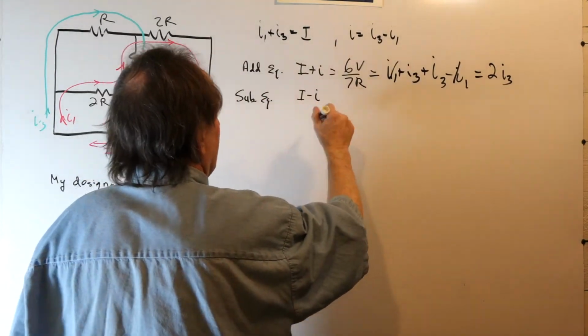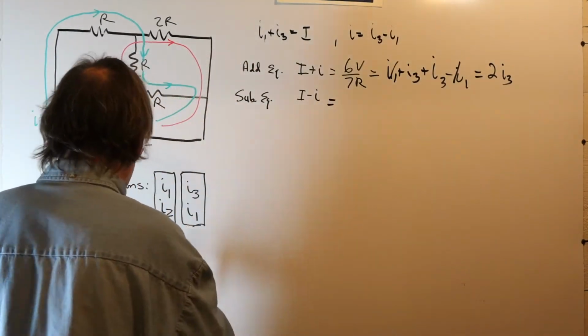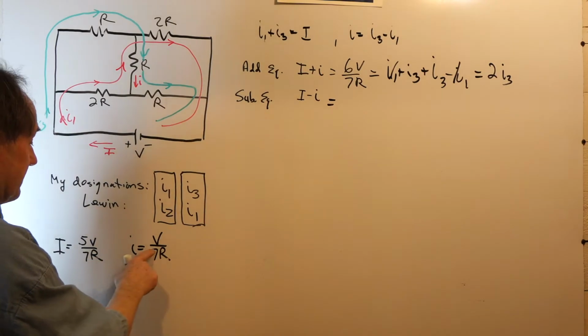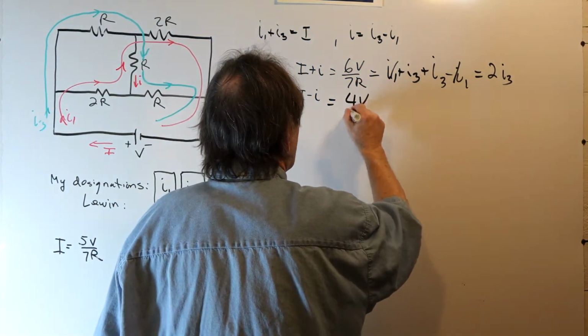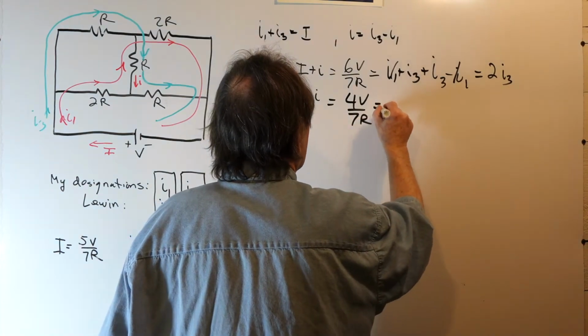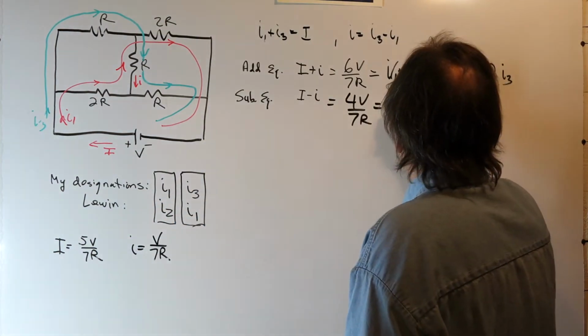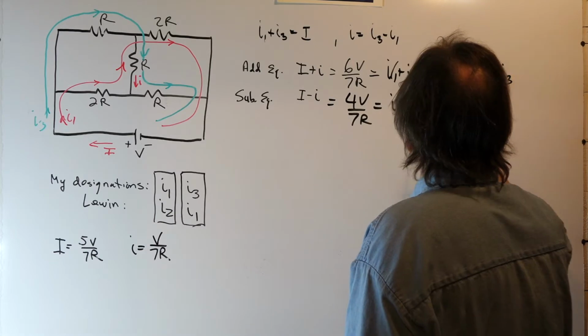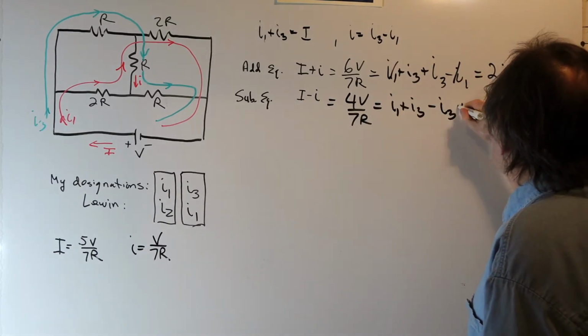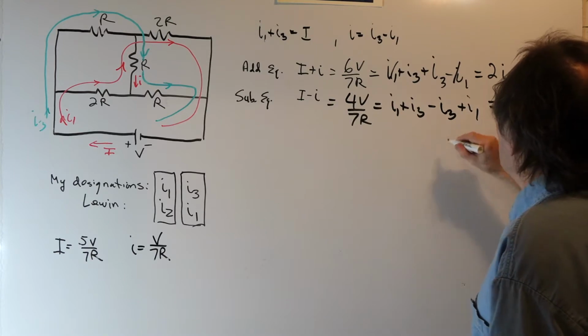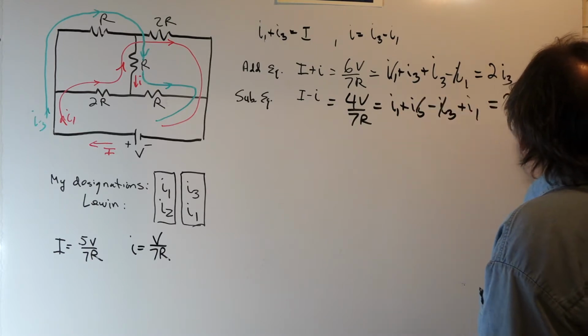Now, if we subtract the equations, capital I minus little i, capital I is 5V over 7R minus V over 7R, which gives us 4V over 7R. Well, capital I again is I1 plus I3, and we subtract off little i, so we get minus I3 plus I1. The I3s cancel, we have 2I1.